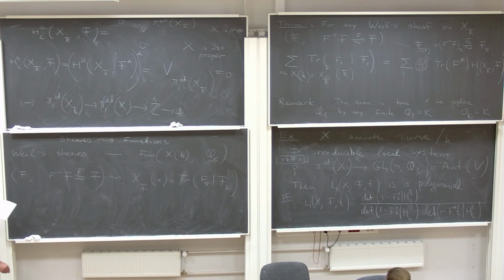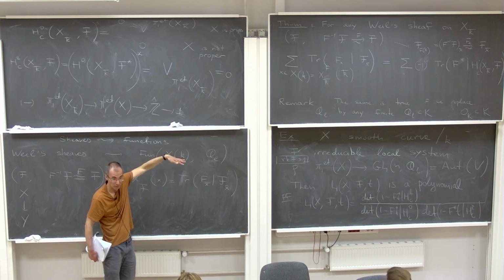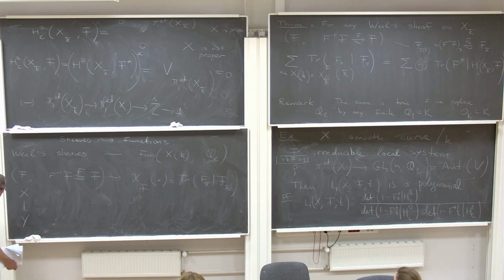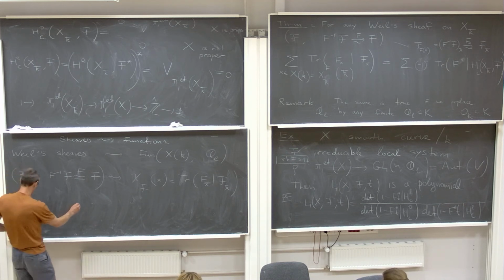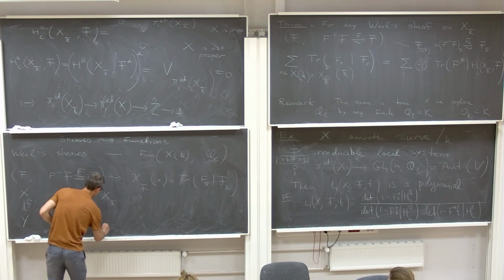So now, in fact, a Weil sheaf gives not only a function here, it gives functions on all finite extensions of k, but they're not compatible. So suppose you have now a map f from X to Y. Then it gives me a map from X_k bar to Y_k bar.